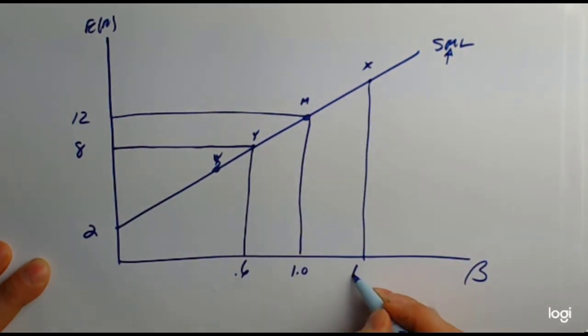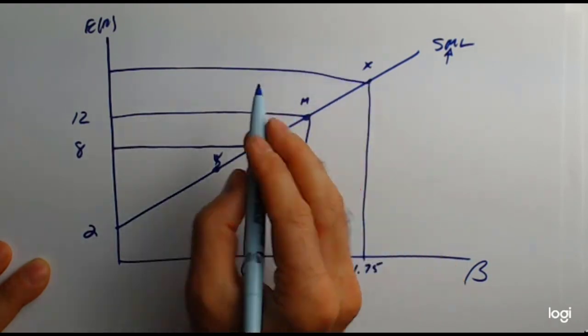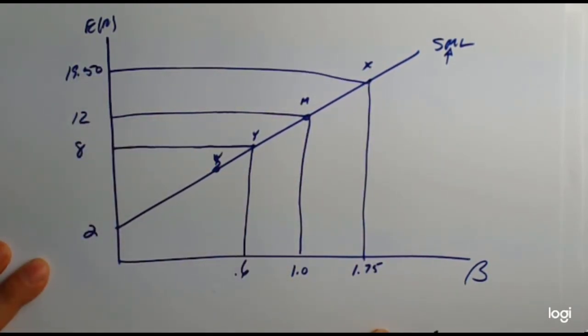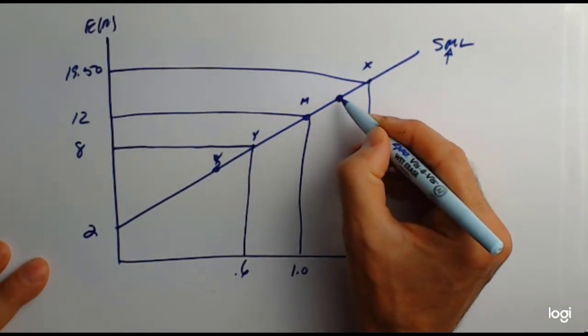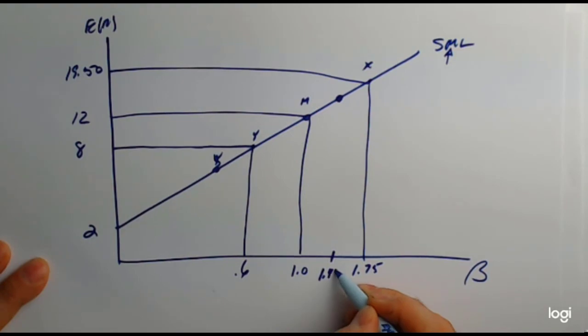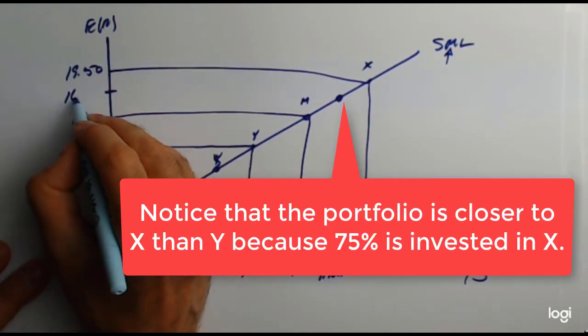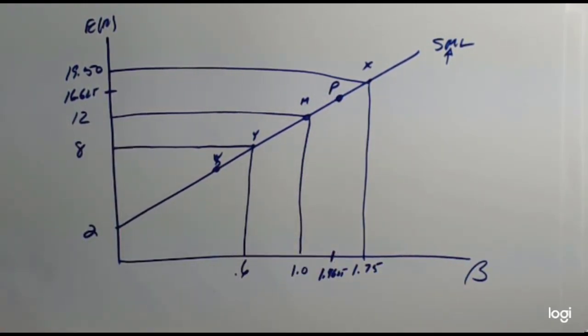X has a beta of 1.75 and a 19.5% expected return. Then we form a portfolio, and the portfolio is going to be right here at a beta of 1.4625 and a 16.625% expected return. Call that P.